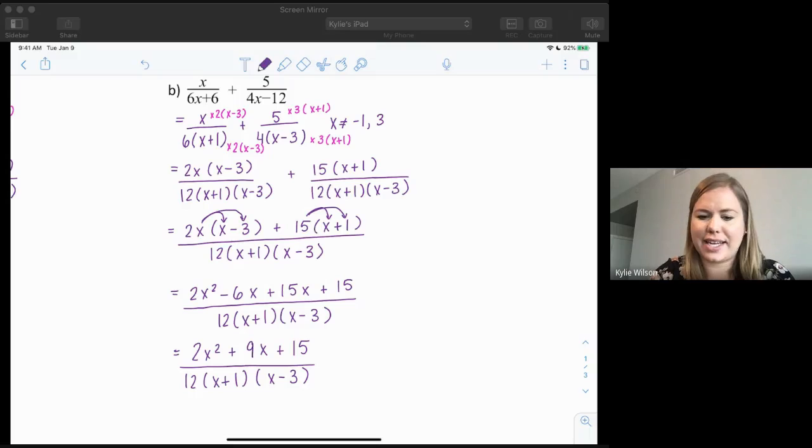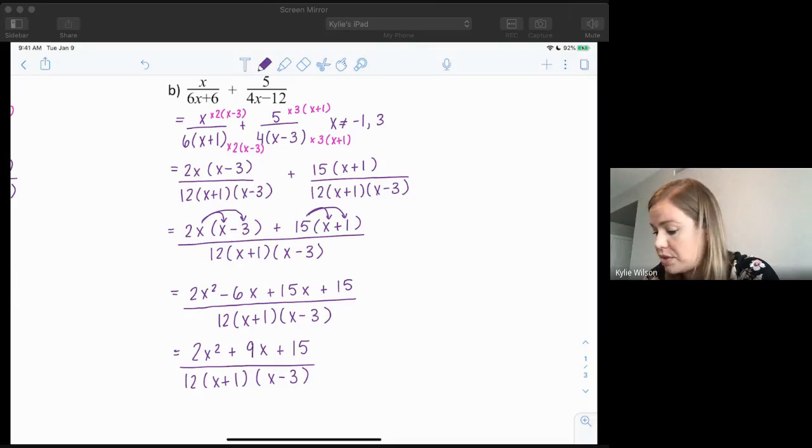And that is our question so far. Again, we always need to double check our restrictions. In this case, our restrictions are the same. Yes, Sasha, feel free to type your question.